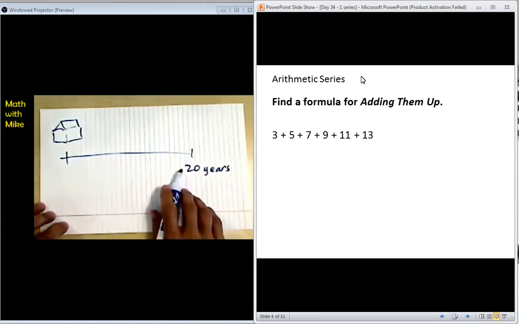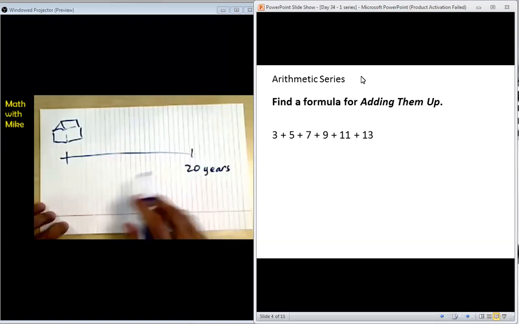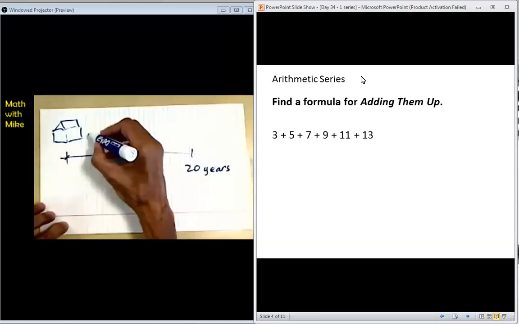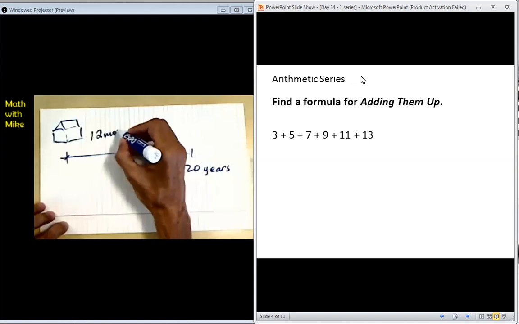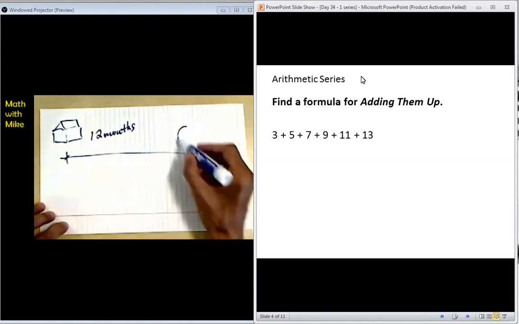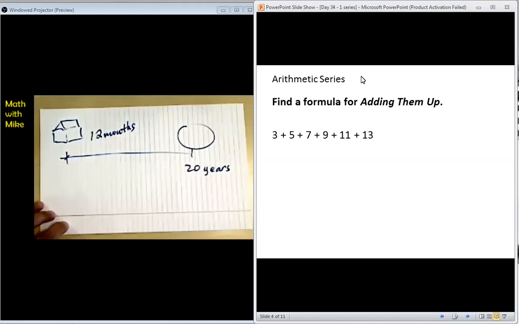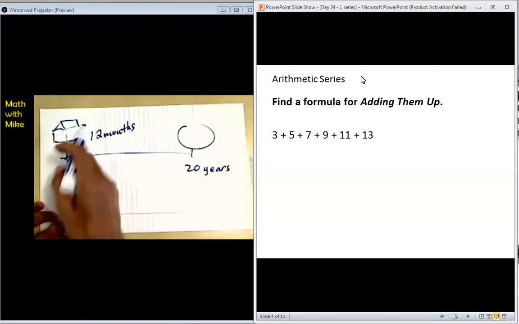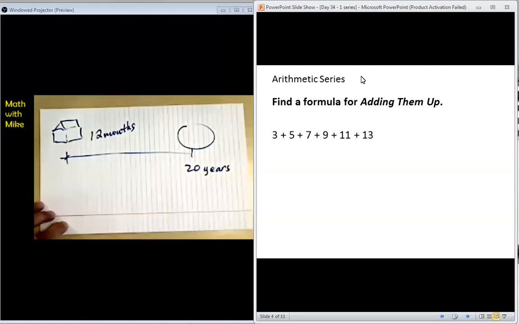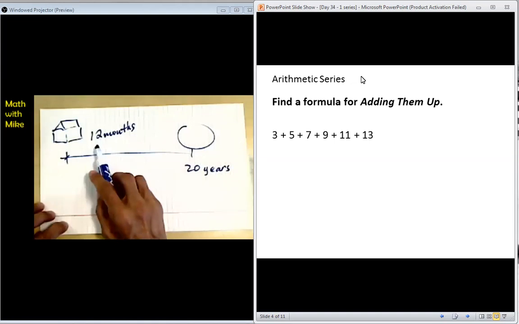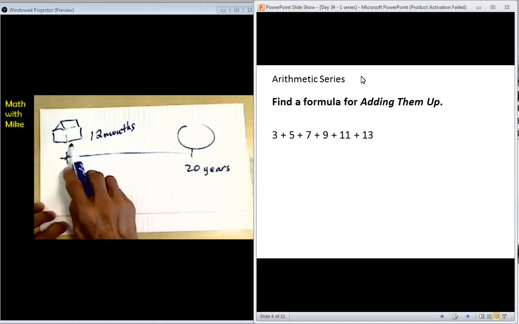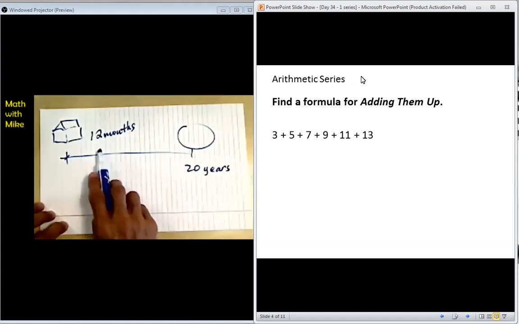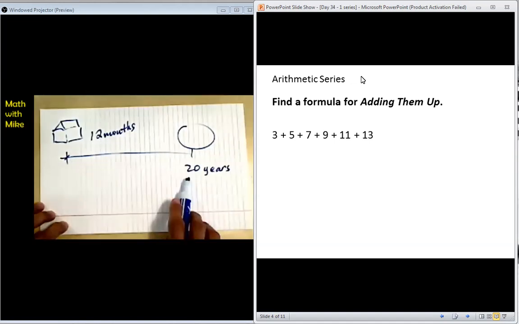So we got 20 years. You pay for your house every month, 12 months a year. So in total, how many payments are you going to make? Every month you pay, that's right. Well, it depends on your house, right? But importantly for this question, you pay for 20 years.